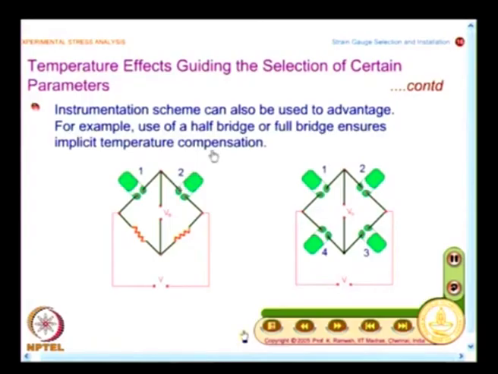A similar advantage you also have in transducer applications, where one invariably uses a full bridge configuration. The advantage is that you maximize the signal 4 times and also have intrinsic temperature compensation.